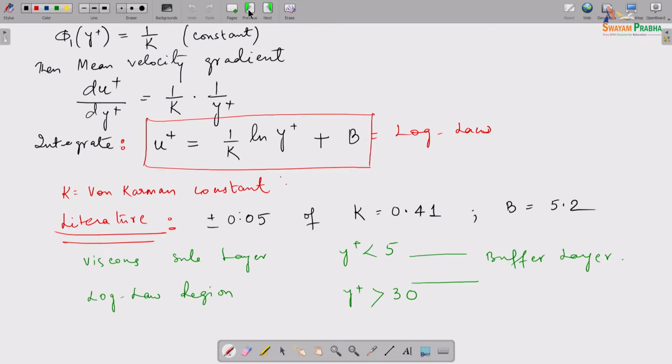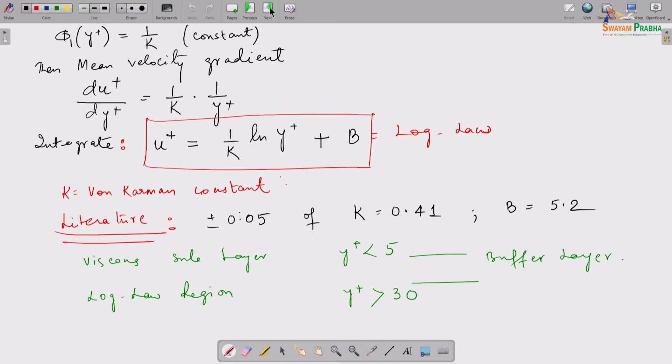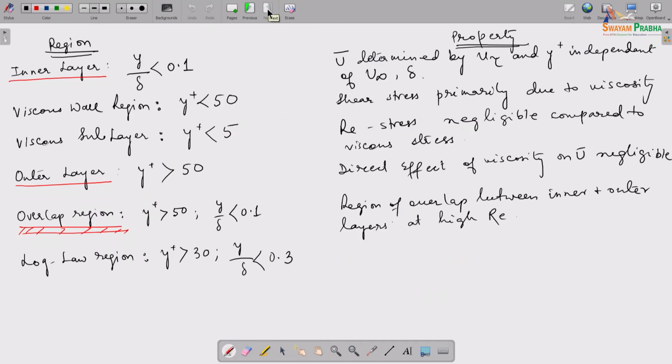What did I say? I said inner layer. I think we should stick by that. Yeah, I think it should be 0.1. We should stick to that, the inner layer, essentially.